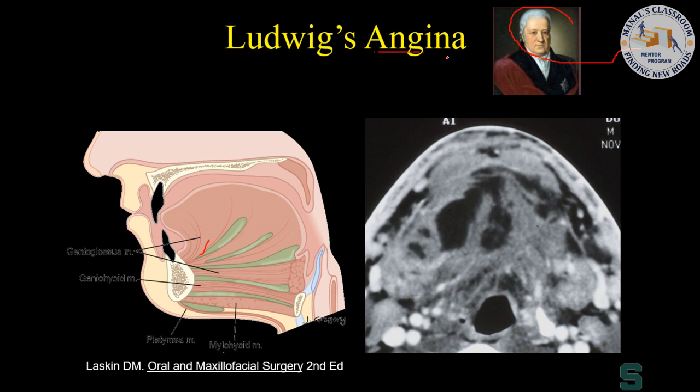So these patients would end up having, as you can see here, a severe infection involving the floor of the mouth that ended up pushing the posterior aspect of the tongue base posteriorly and compromising the airway. And because this infection also extended back, as you can see here, to involve the epiglottis, this gave that strangulation feeling. So, believe it or not, the cardiologist stole angina from us, the head and neck radiologists.